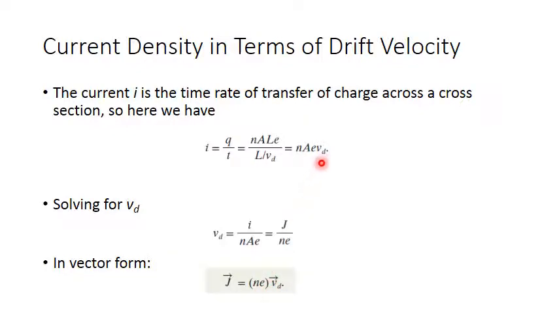If we want to find the drift velocity, we can say that the drift velocity would be I over NAe, or in other words, it would be J over Ne.